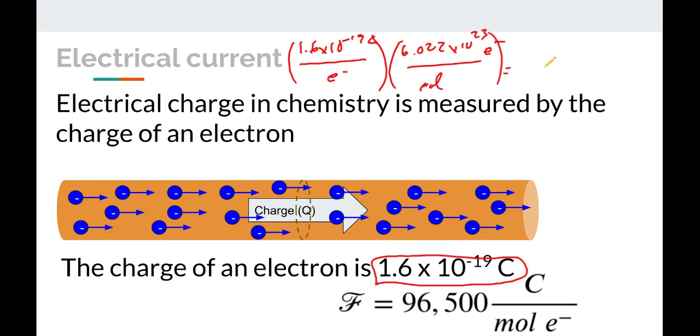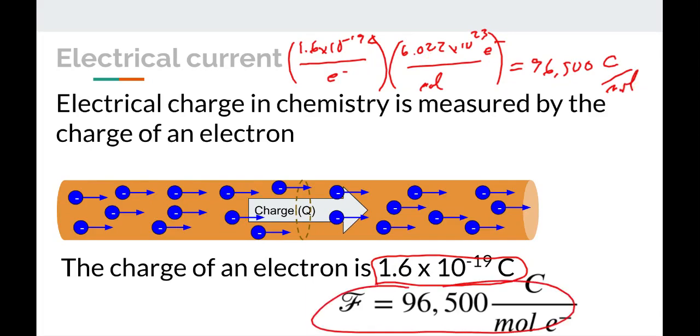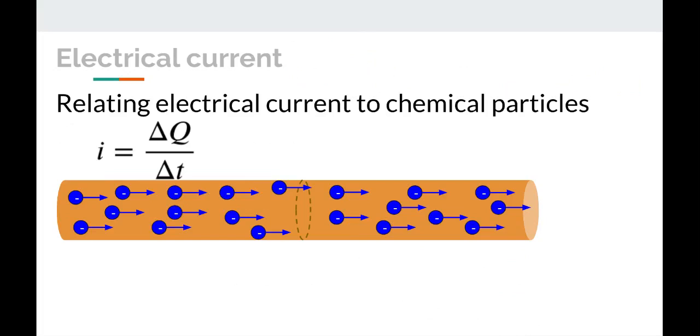And when you multiply these together, it comes out to 96,500 coulombs per mole. And that's a number that we call Faraday's constant, and it's symbolized by this scripty looking F. So Faraday's constant gives us a link between chemistry units of moles of electrons, or moles of anything that could be related to electrons, and the electrical quantity of coulombs.